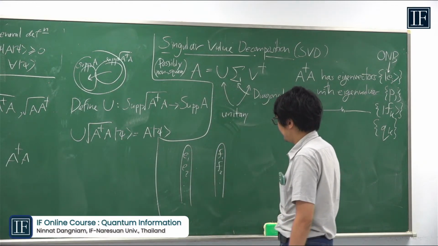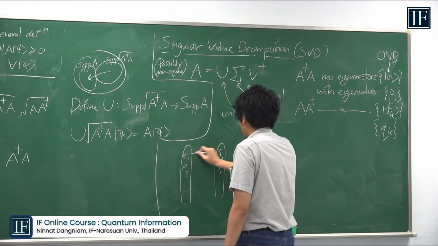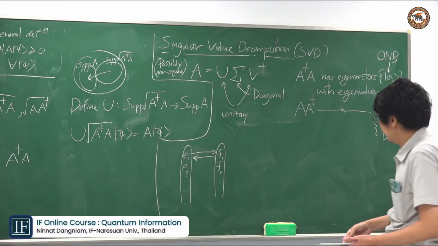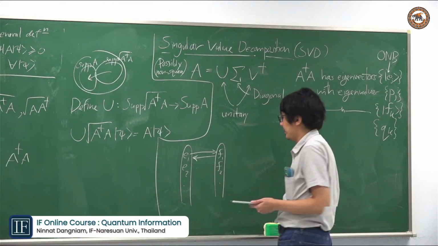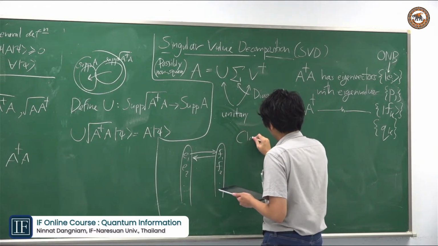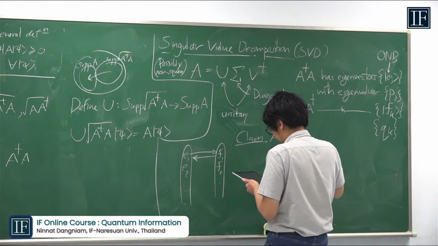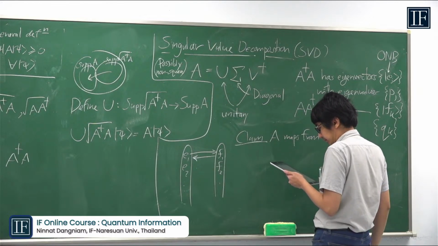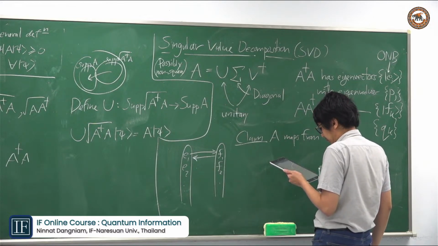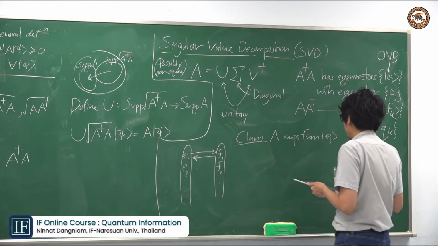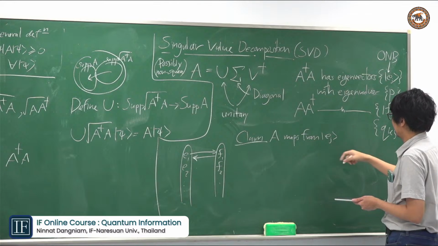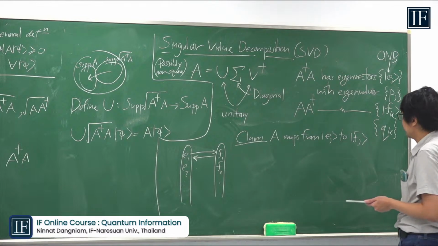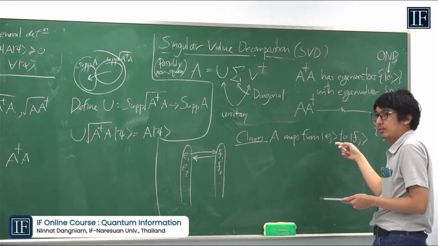In particular, there is a linear operator that maps back and forth between these two sets of vectors. And what is it? Well, it's just A. So the claim is that A maps from E_j to, well, I hope this is right, but if it's not, we can come back and fix it, with some ordering of the eigenvectors.